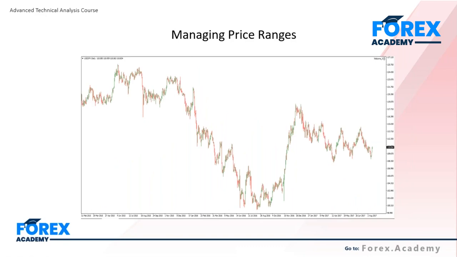Firstly, let's make a few observations with respect to the price activity that we have in front of us. Clearly, for a period of time, the market has moved in a downward direction. It's identified lows down at this point to then subsequently move in an upward direction. The market has found resistance. We've seen some downward pressure develop.